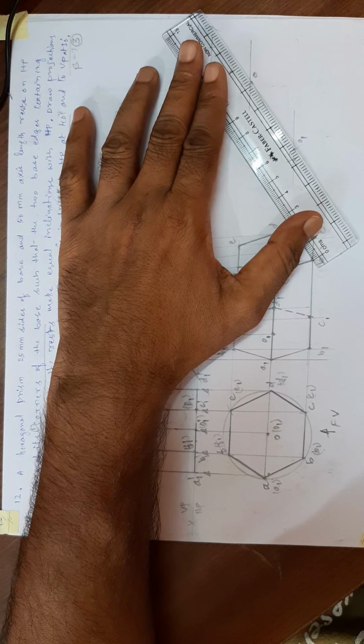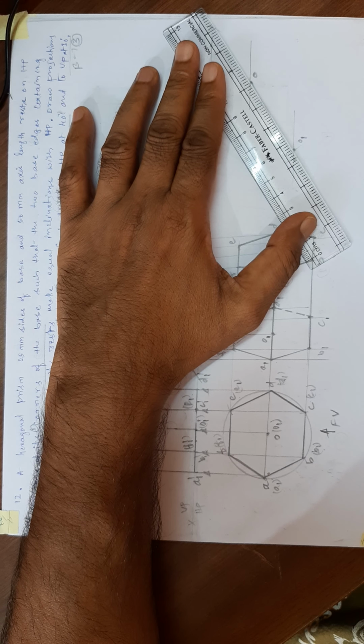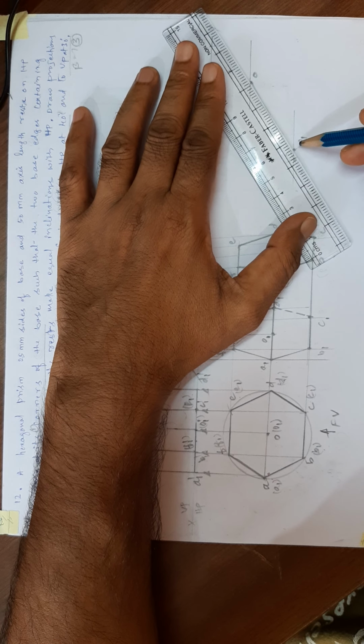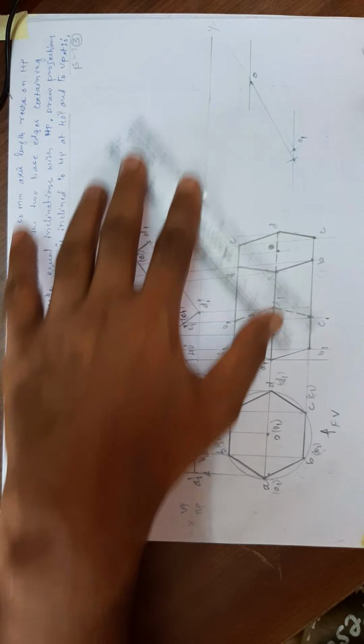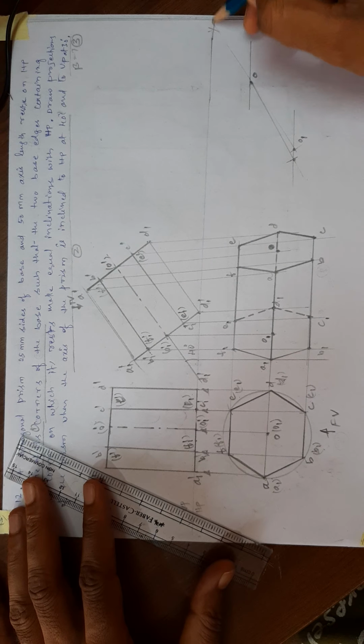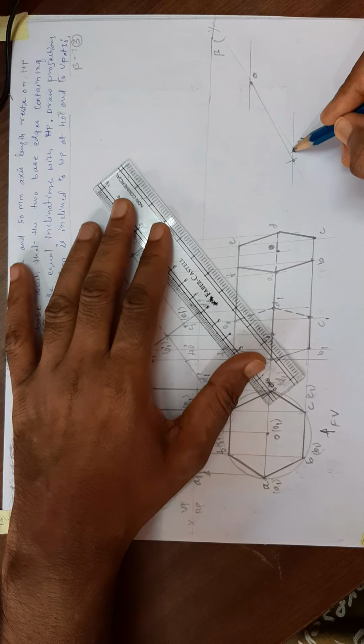Now join O1 O and extend it. This is the beta angle, this is beta, so make it thick.